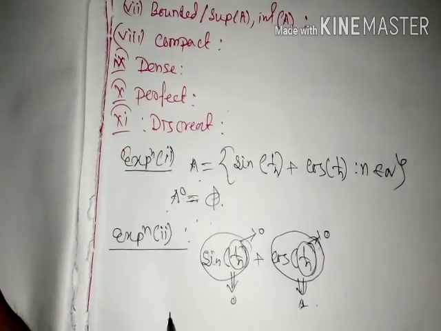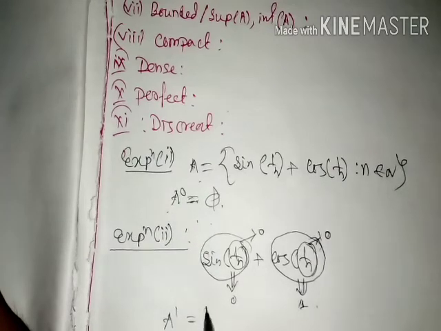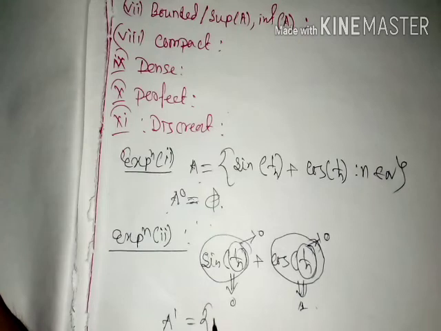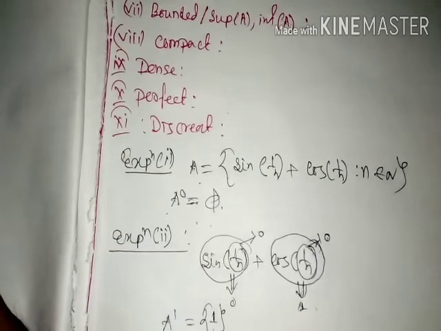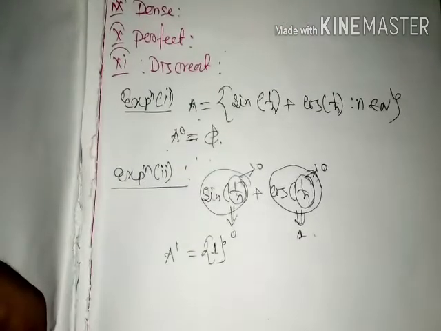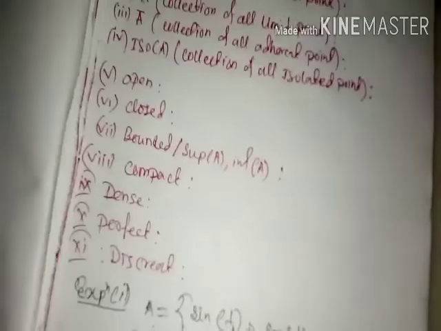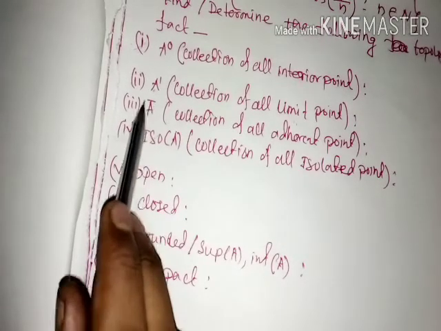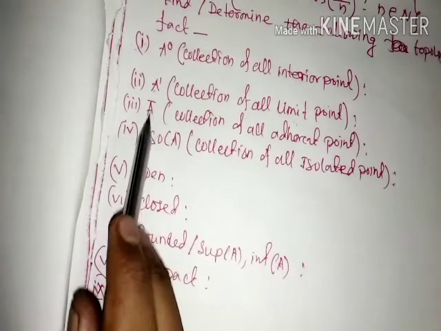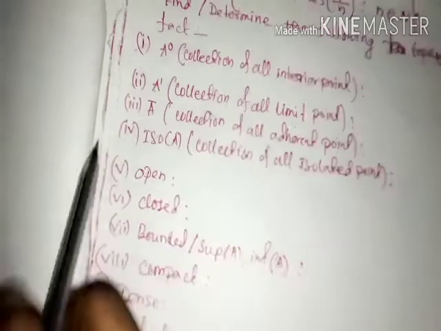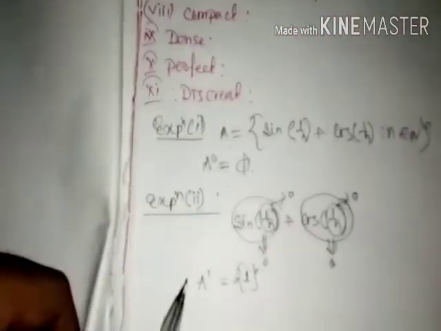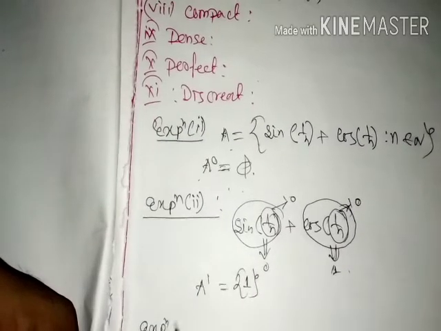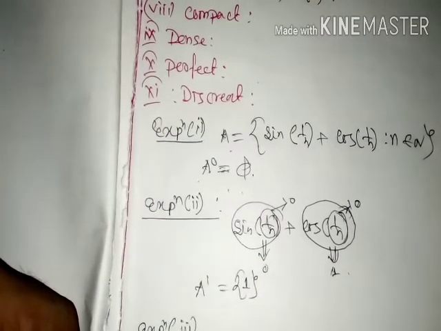So the derived set contains only one point, 1. Next we find the closure of A. Closure of A means the collection of all adherent points of A. Explanation of option 3.